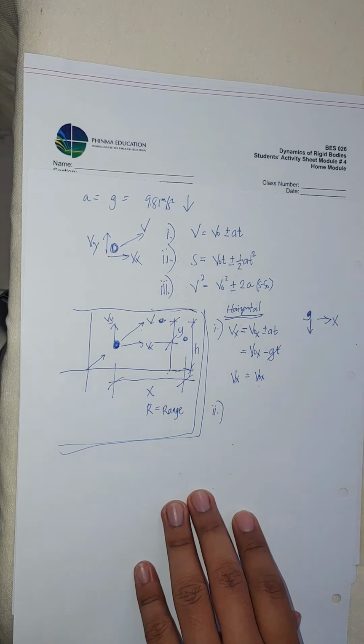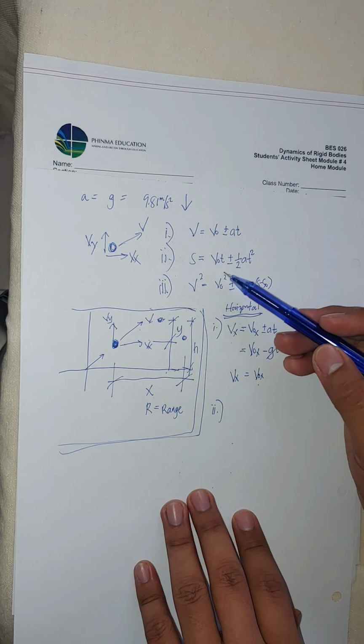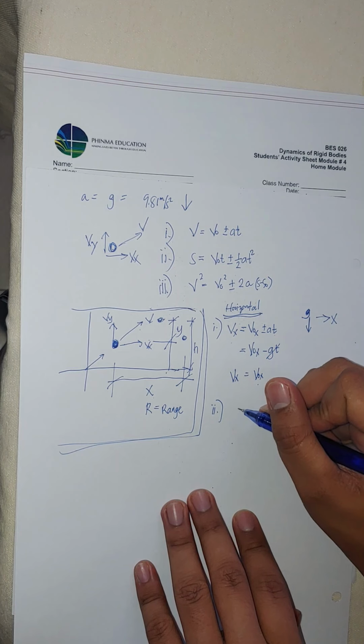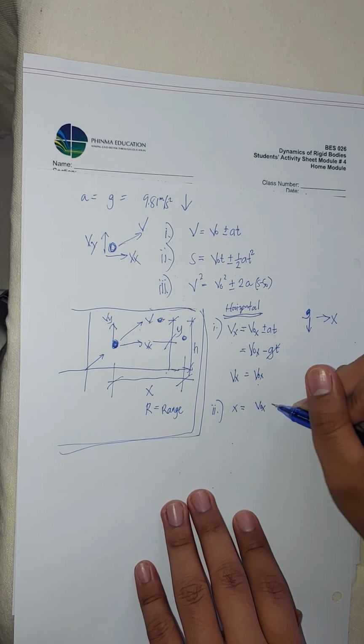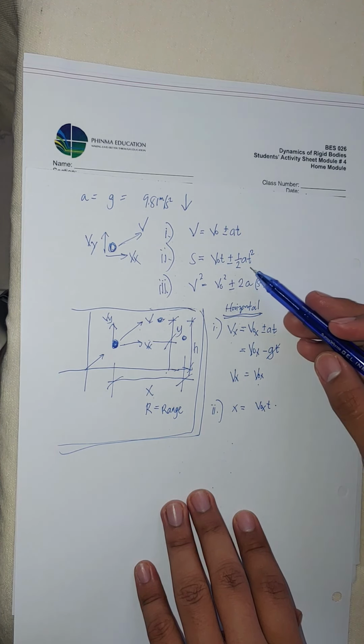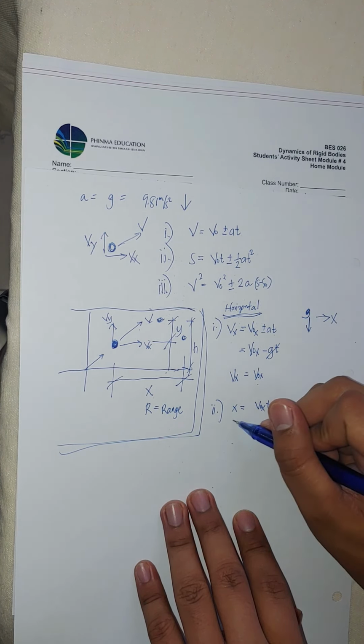From the second equation, instead of using s, we use r or x. So the s or the x is just equal to the initial velocity with respect to x times time. Since the acceleration along the horizontal is 0, we just have this formula.